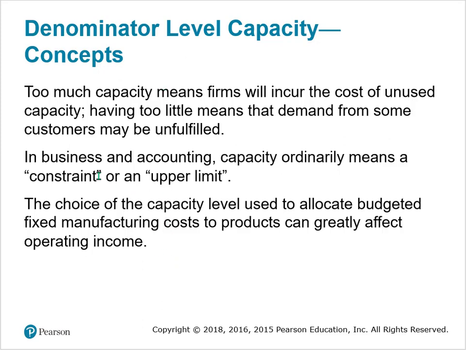A couple things here. The capacity ordinarily is a constraint or upper limit. Okay, and the choice of capacity level used to allocate budgeted fixed manufacturing costs to products greatly affects operating income. That's the issue here.